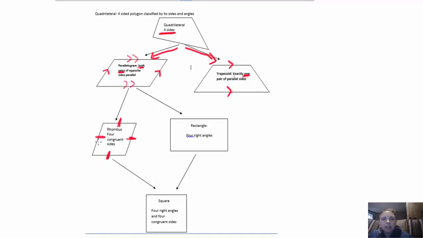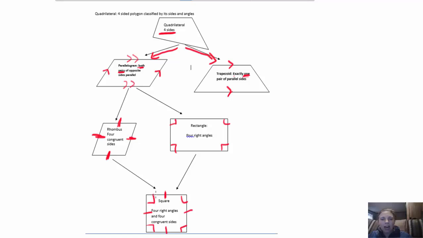It doesn't have congruent angles, it has 4 congruent sides. Again, there are more characteristics to a rhombus, but we don't get into it this year. A rectangle has 4 congruent angles. And a square is like a rhombus and a rectangle put together. It has 4 congruent sides and 4 congruent angles.